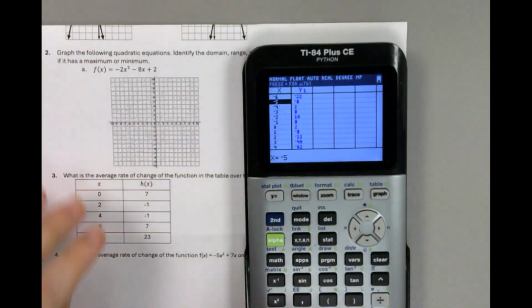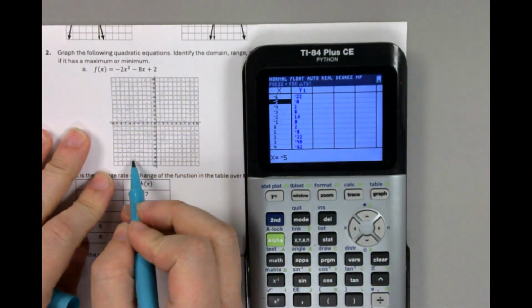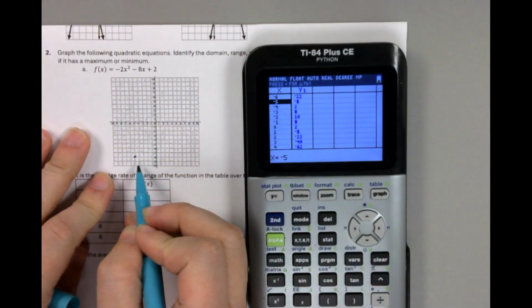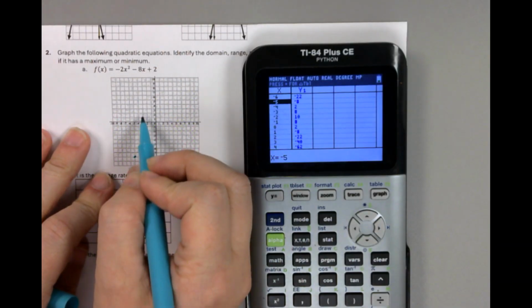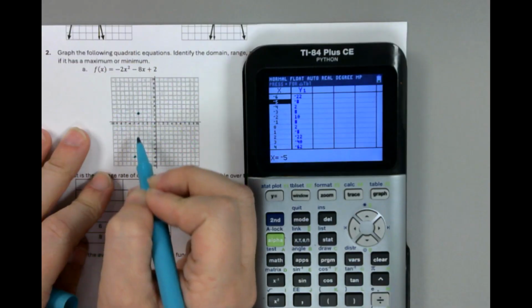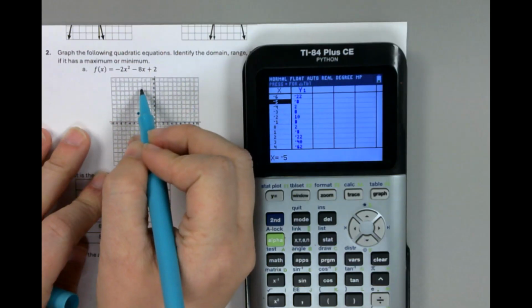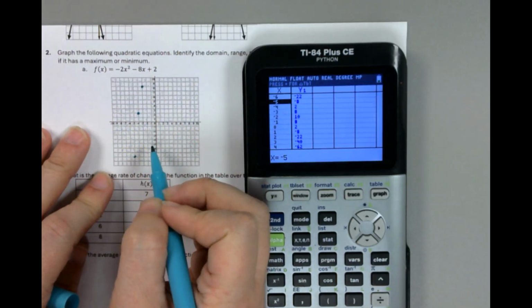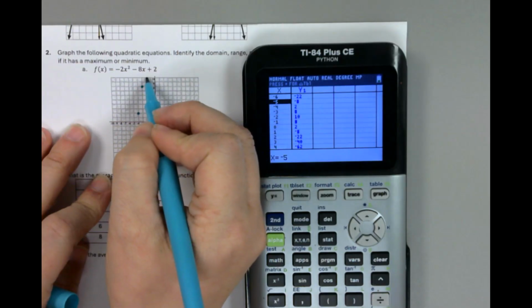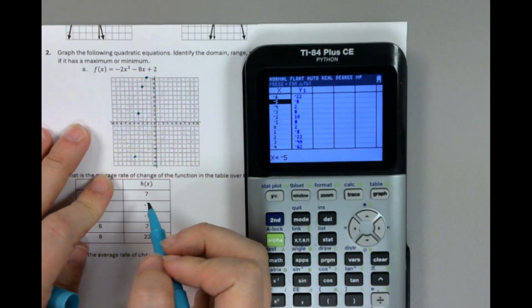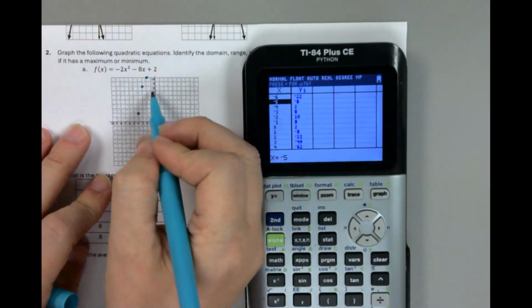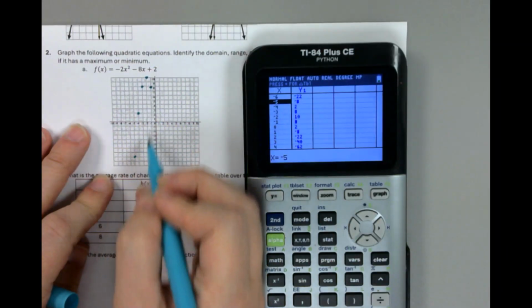I have negative 5, negative 8, negative 4, 2, goes up really quick, negative 3, 8, negative 2, 10, negative 1, 8, right, so see it's coming back down now.